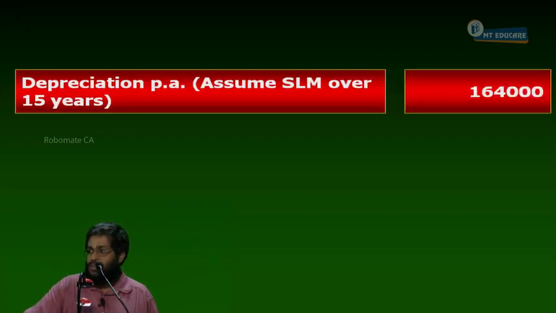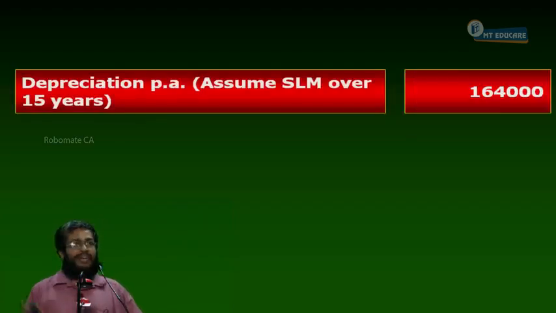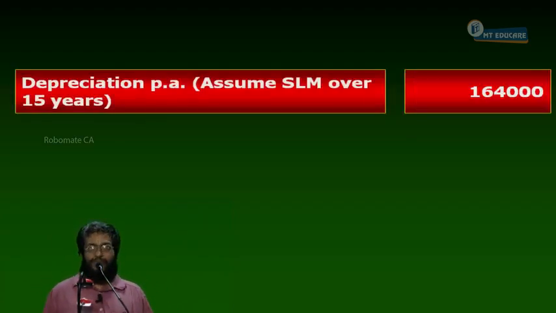Step 2, tax savings on depreciation. Depreciation per annum is equal to, so how many years? 15 years. 24 lakh 60,000 divided by 15.